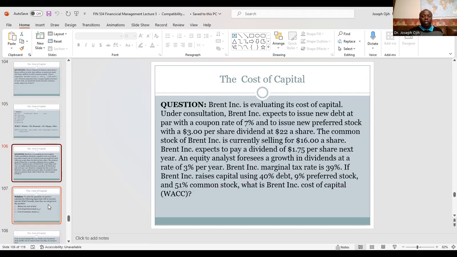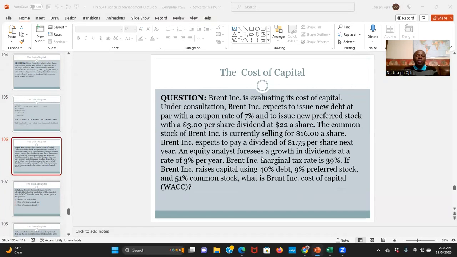That one is here. Let me make sure you're seeing this. Okay, good. It says Brent Incorporated is evaluating its cost of capital. Brent Incorporated expects to issue new debt at par with a coupon rate of 7% and to issue new preferred stock with a $3 per share dividend at $22 per share.